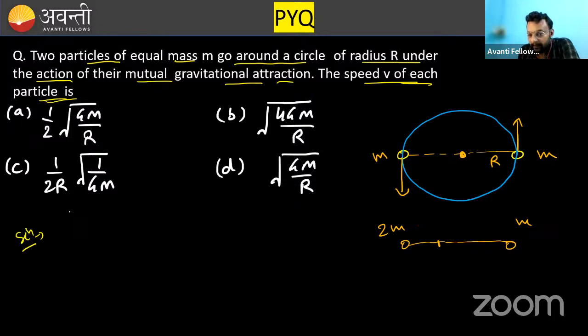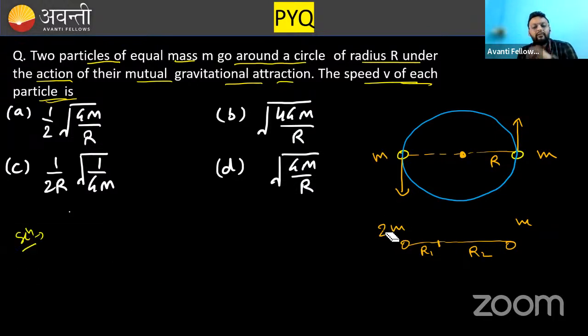So what would have happened? This mass will revolve in radius R1 and the small m will revolve in radius R2. That means there will be two different circular paths. That's a completely different story.